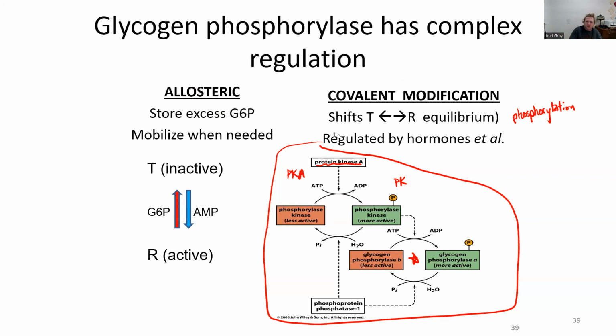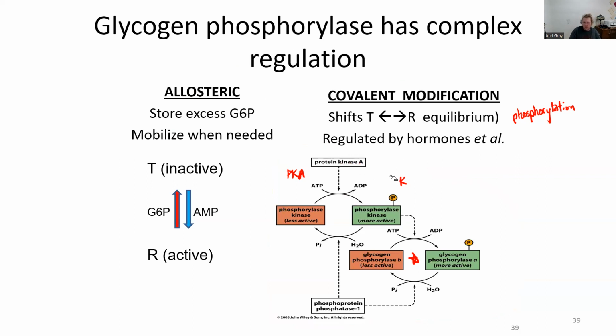Now, glycogen phosphorylase is also an allosterically regulated enzyme. So it is going to transition between the T state and the R state. If you remember allostery from a previous discussion of hemoglobin, not from this class, but your first biochemistry class, hemoglobin is an allosteric protein.